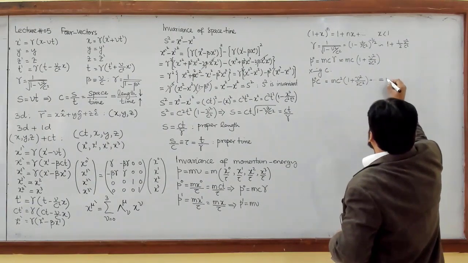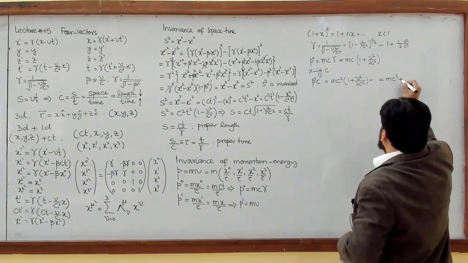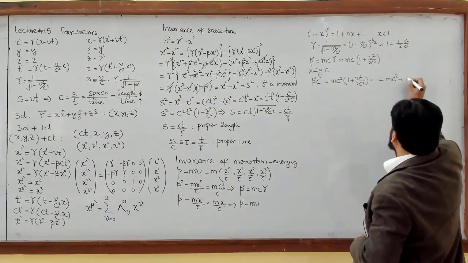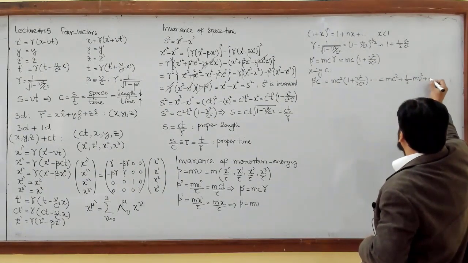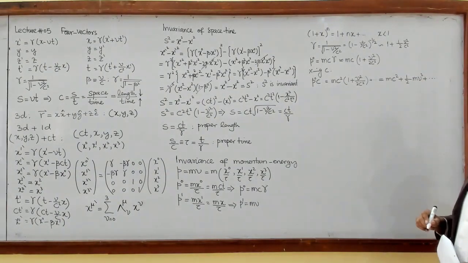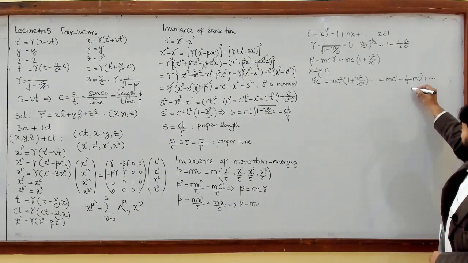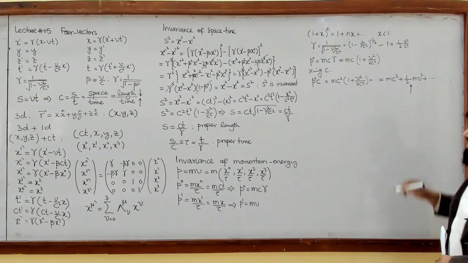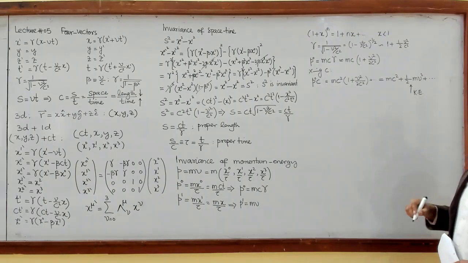And this is equal to, multiplying out, mc squared plus, half c squared cancels, half mv squared plus some other terms. Now look at this one. This we already know from our three-dimensional space. This is the kinetic energy, half mv squared. This is the kinetic energy.